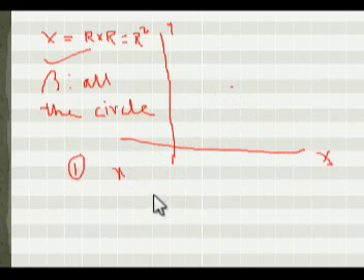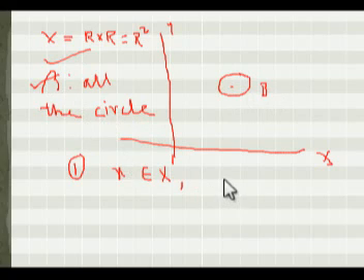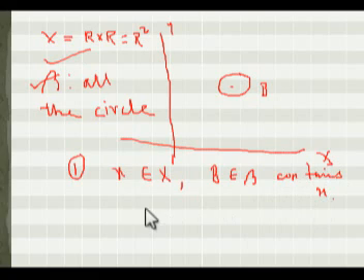So if x belongs to X, which has two dimensions, then we can generate a circle B which belongs to beta and contains x. So the first axiom is satisfied.